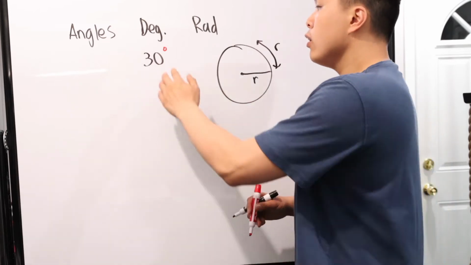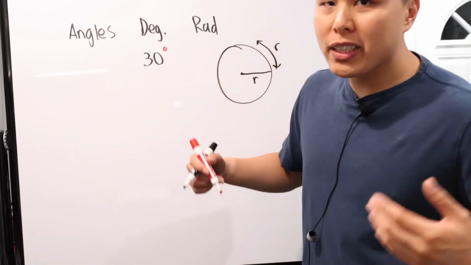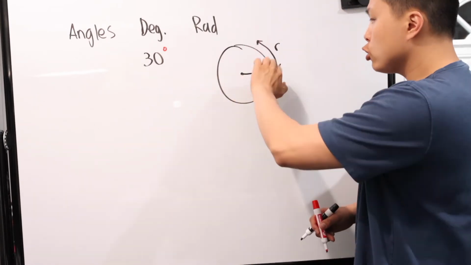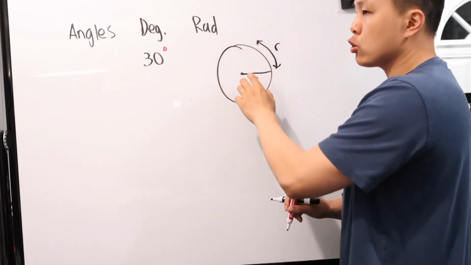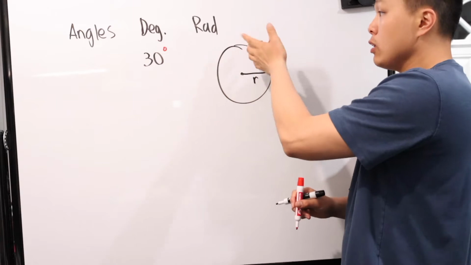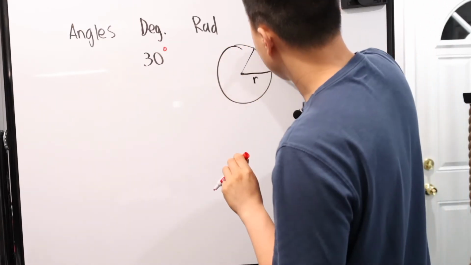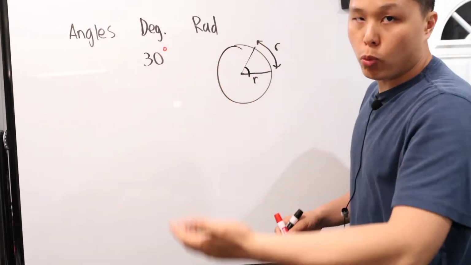One of them is degree that we're familiar with. One of them is radian that we might not be. But the understanding is that whatever the radius is, you're using that length and bending it around the arc of the circle. And that measurement itself is our angle. We're saying that this is 1 radian, and then of course, as you open more and more, you get more and more radians.